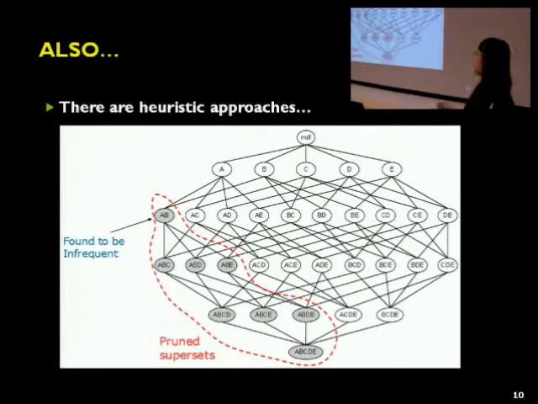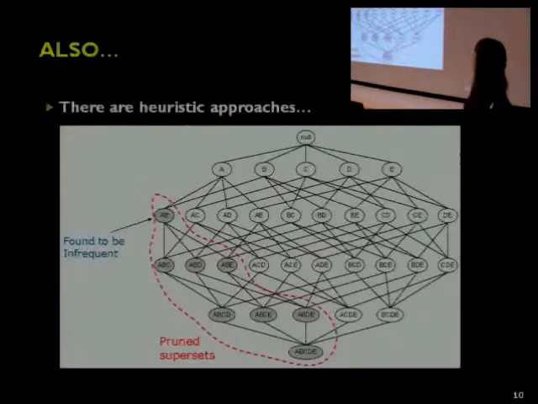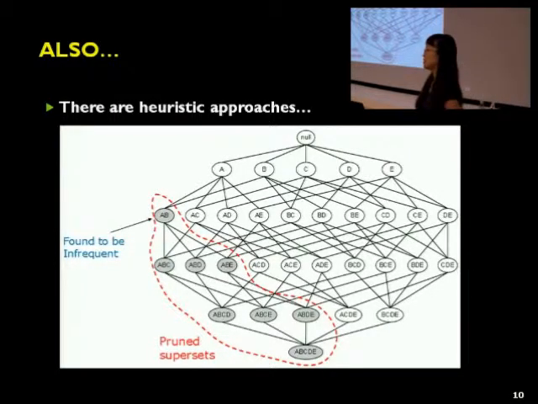If there's no interesting pattern in a subspace defined by attributes A and B, I don't have to look at the supersets of that subspace which contain A and B. This is the same principle that you can apply to reduce your search space in high-dimensional data analysis.